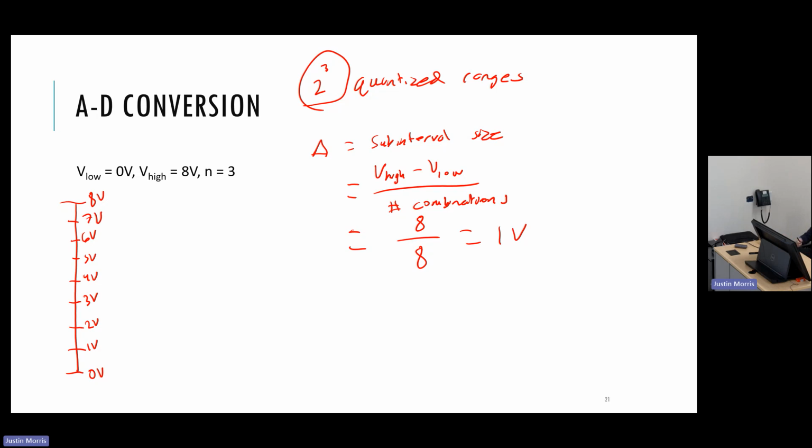Okay, I have these 8 intervals that I can represent. And then we also want to think about this in terms of what is the error that I'm going to incur on this signal.